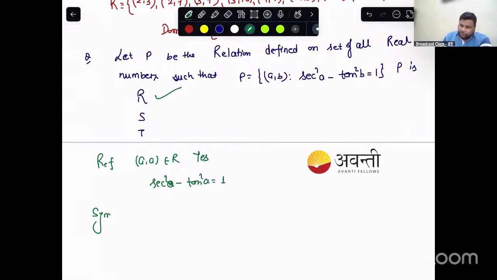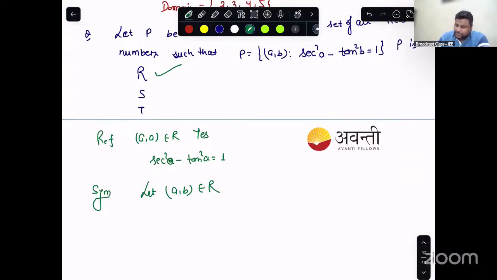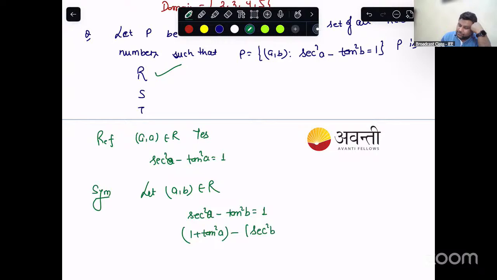Now, is it going to be symmetric? Let (A, B) belong to the relation. That means sec square A minus tan square B equals 1. This sec square A I can write as 1 plus tan square A, and this tan square B we can write as sec square B minus 1, equals 1.